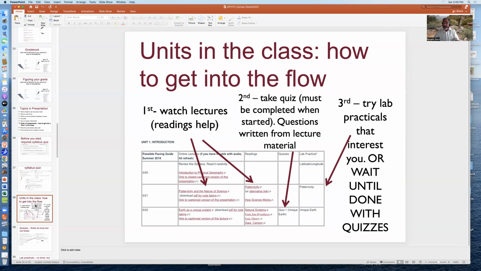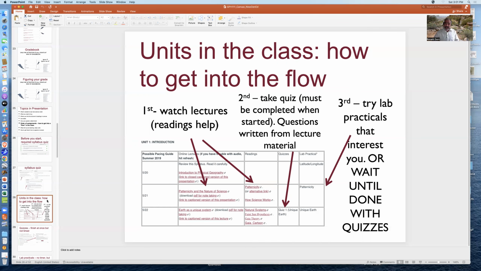After you take the syllabus quiz, I recommend that you go through all of the lectures and all the quizzes. That makes you understand the full breadth of physical geography before you deal with the lab practicals. Now, some students like to do the lectures, the quizzes, and the lab practicals on the same topic, and that works great.